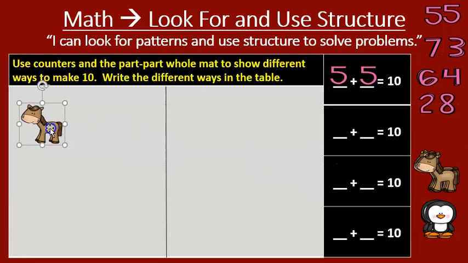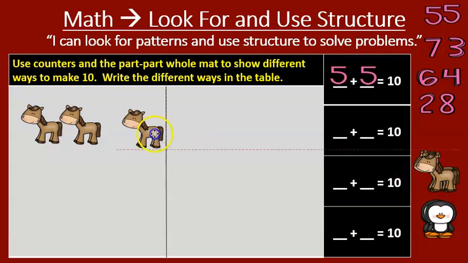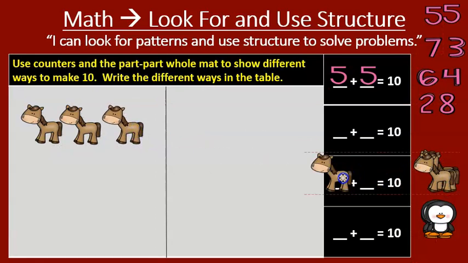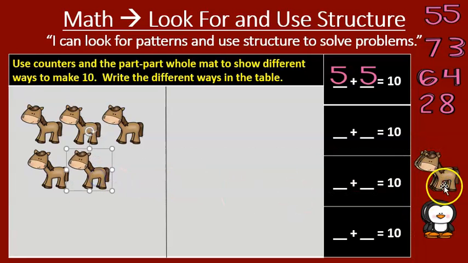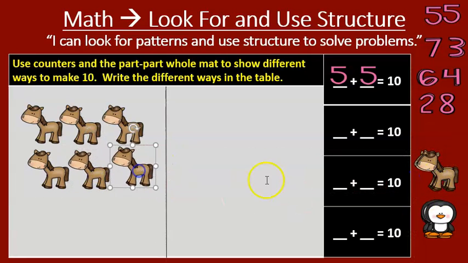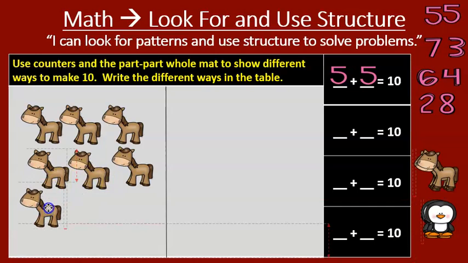So watch me, okay? Let's put 1, 2, 3, 4, 5, 6, and 7, okay? I'm just coming up with anything as long as I don't go over 10, okay? Let's count our horses.